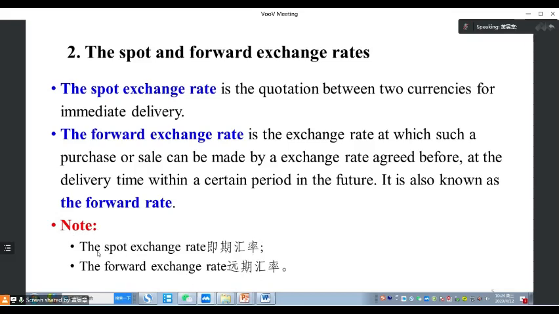Let's see the note. The spot exchange rate in Chinese we can say 即期汇率. The forward exchange rate in Chinese we can say 远期汇率.